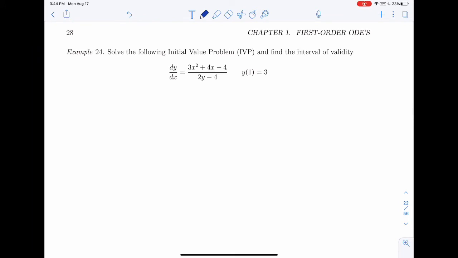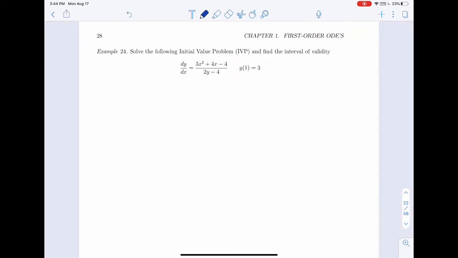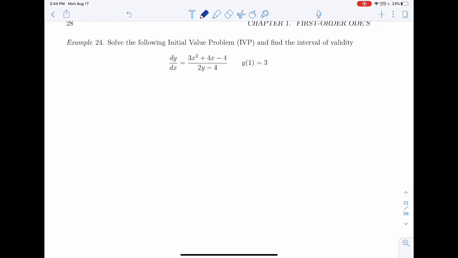So let's solve the initial value problem. dy/dx equals 3x squared plus 4x minus 4 divided by 2y minus 4. Now this is fairly easily separable, but you can see I left you a lot of space because this one's going to take a lot of work.